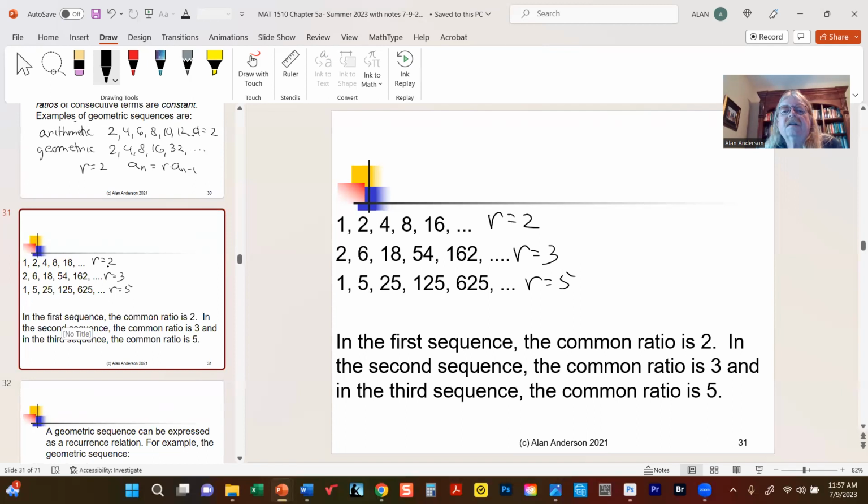Imagine you had something like this. Well, in this case, the common ratio is -2. And then how about this one?